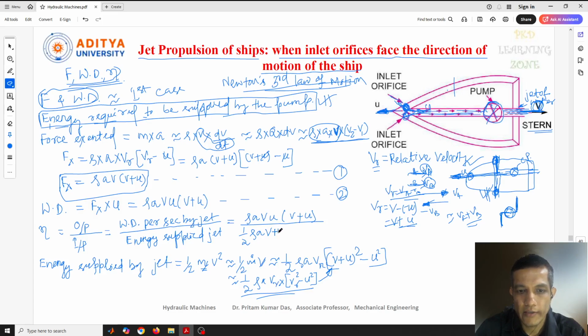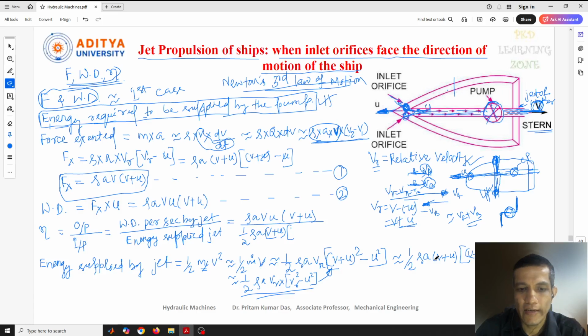I'll write this as rho A, v plus u, bracket start, v plus u square minus u square. I hope you got it.